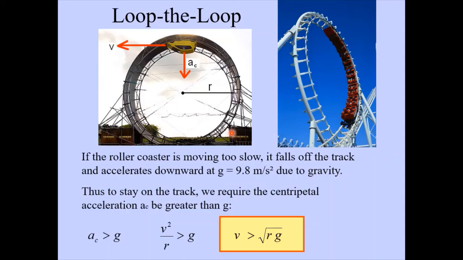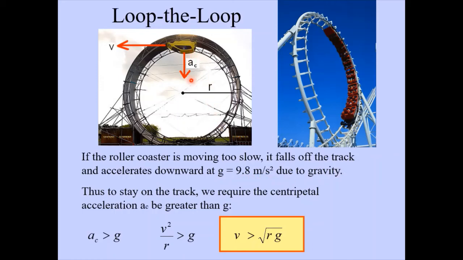There are some different ways to approach this type of problem, but probably the simplest is what we're going to do here, and that is to think about what would happen if this car were not going fast enough. Well, the car would fall. Now the car is in free fall, so it would be accelerating downward at g, which is 9.8 meters per second squared due to gravity.